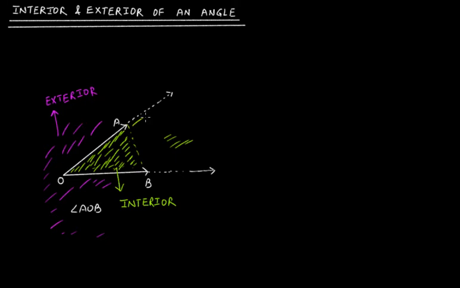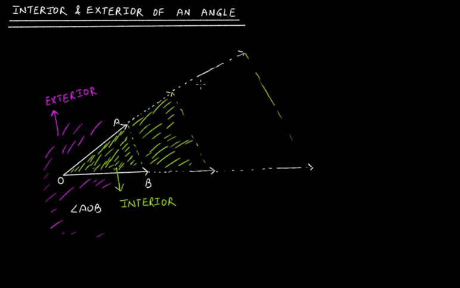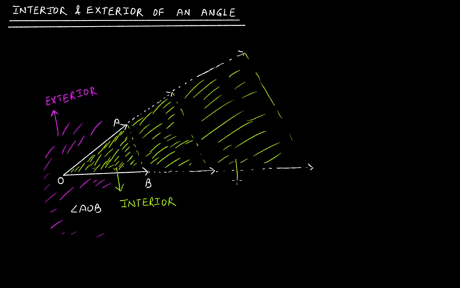So this whole area will again be the interior. If I further extend this ray, because this is a ray and it will travel indefinitely, again this whole area will be the interior, again this will be interior.